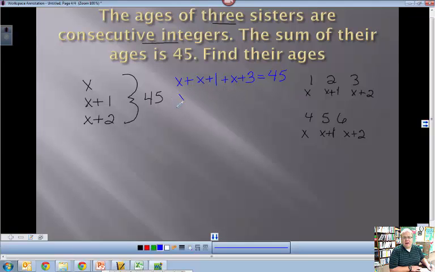So I'm going to have x plus x plus x plus 1 plus 3, equals 45. Now I'm going to combine like terms, so I have 3 x's. So I can say 3x plus 4, since 1 plus 3 is 4, equals 45.